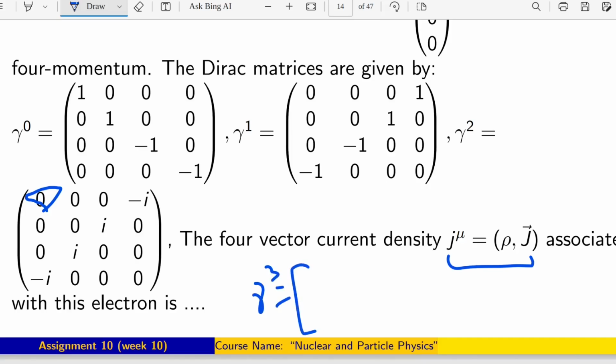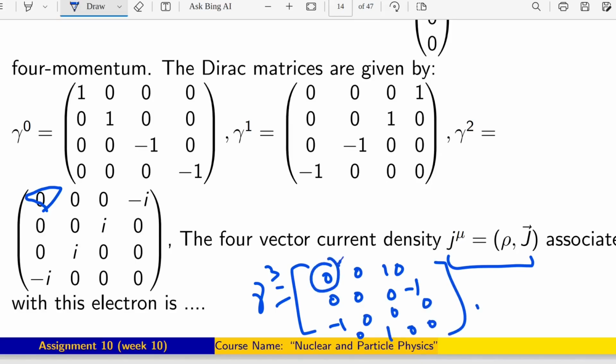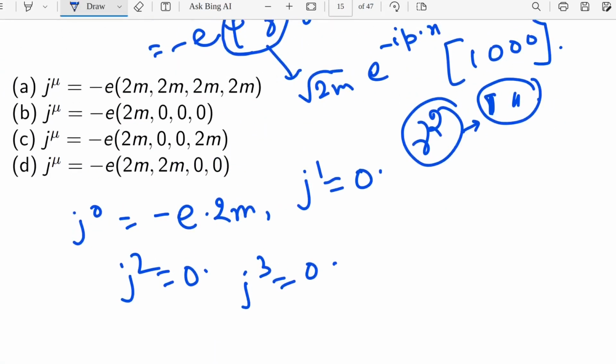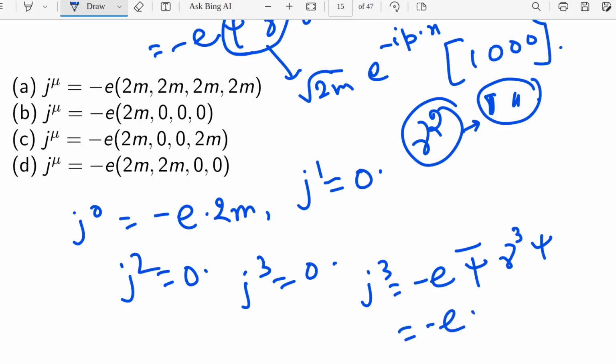Gamma 3 will be 0 0 1 0, 0 0 0 minus 1, minus 1 0 0 0, 0 1 0 0. So in that case also you can see that the 1 1 element of gamma 3 is 0. So that means J3 will be nothing but minus e psi dagger gamma 3 psi, which is minus e psi dagger gamma 0 gamma 3 psi.